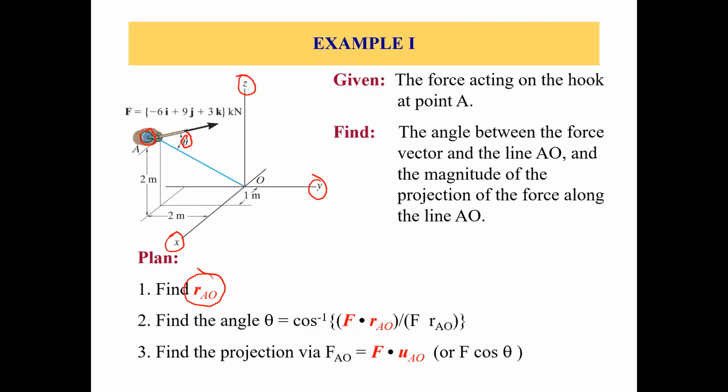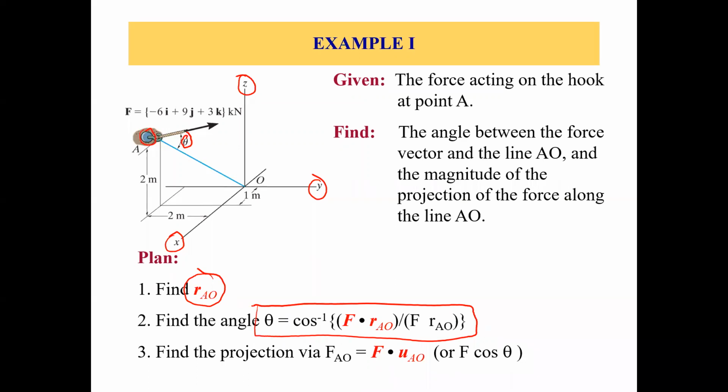Let's find position vector RAO, and then we can find angle theta with this equation: theta equals cosine inverse of the vector dot product of F and RAO divided by the product of the magnitudes of F and RAO. So this will give us the angle theta.